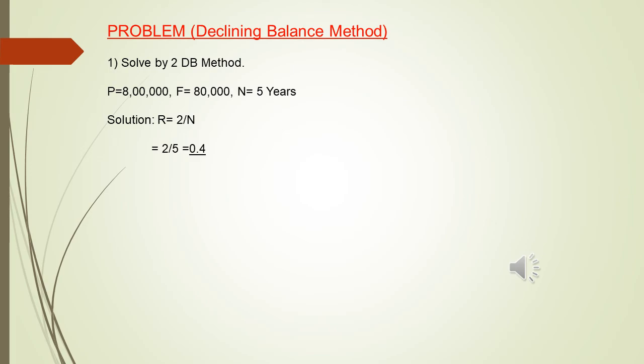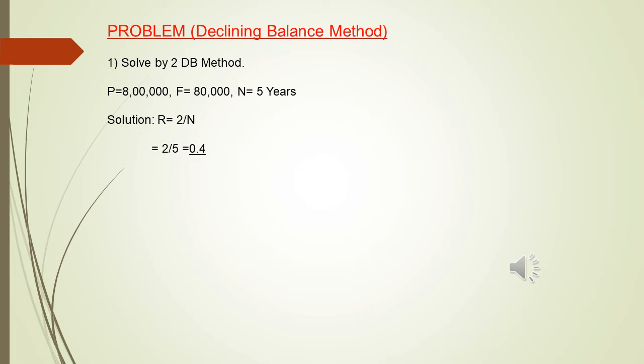Now let us solve this problem from declining balance. In the question they have asked to solve by the 2 DB method, and they have given P as 8 lakhs, F as 80,000, and N as 5 years. As I told you, for the 2 DB method you have to divide 2 by N. So 2 by 5 will give me 0.4.